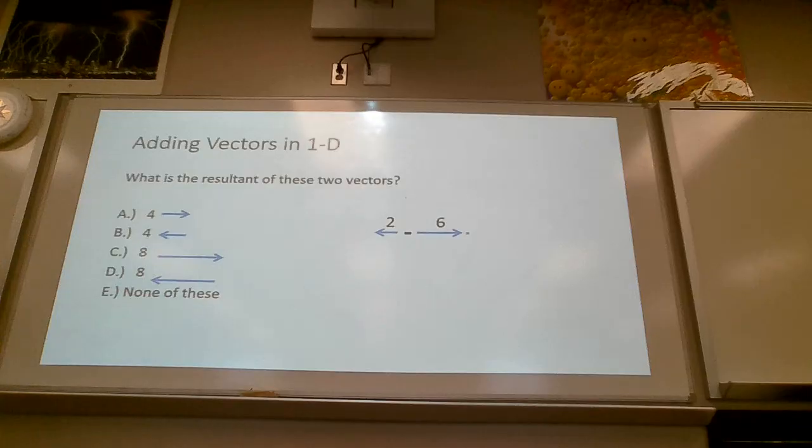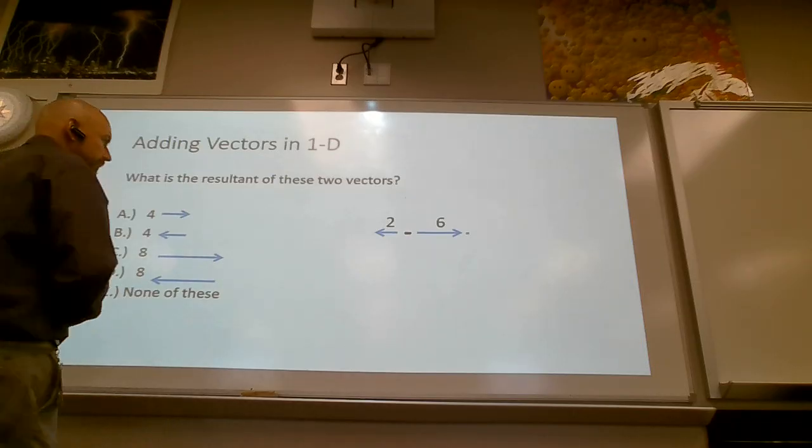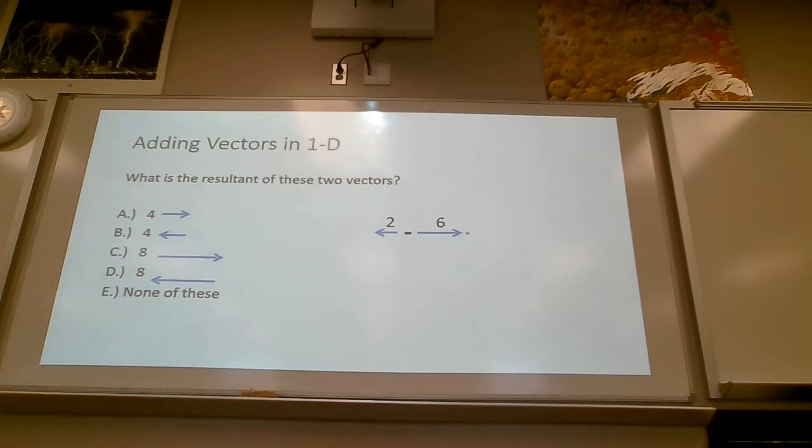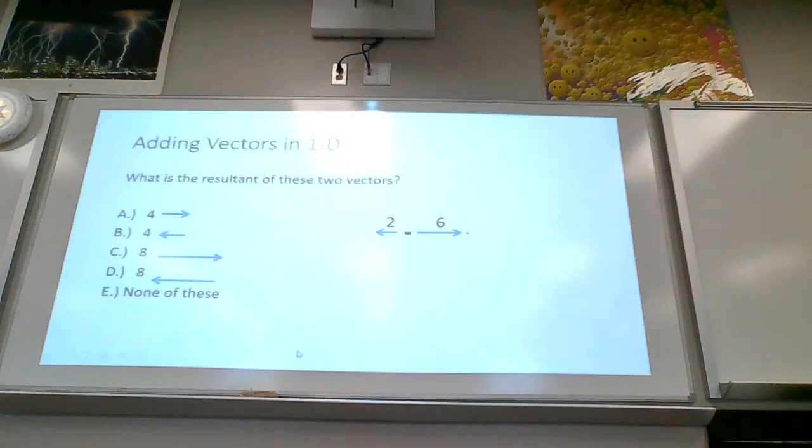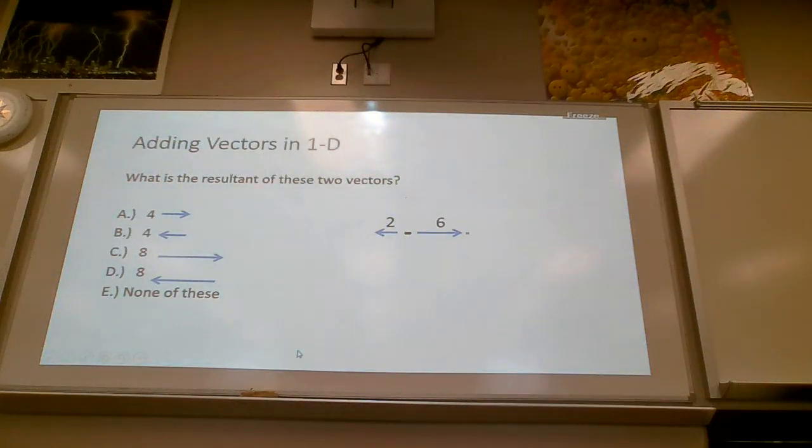Wow, that is a very tricky one. Have a conversation. Tell them how you got there. This usually ends up being an interesting conversation. Because it's negative, you see negative 6, I said D, which means it's going left.